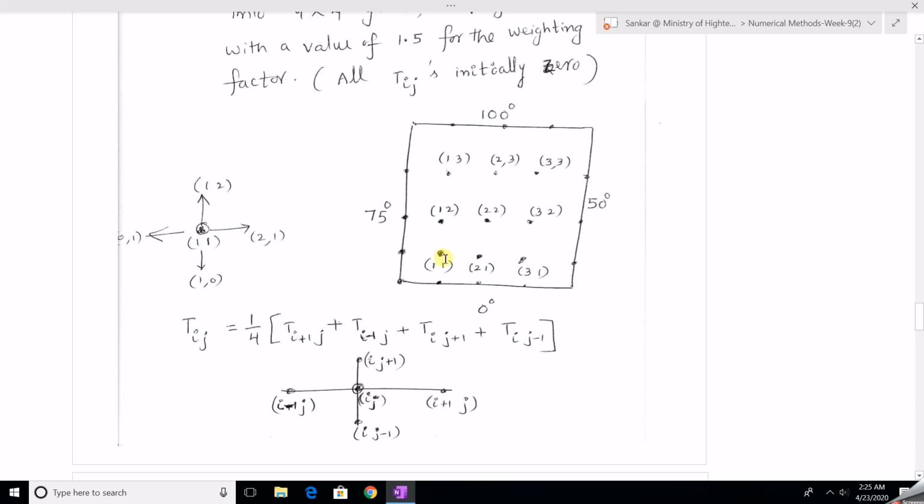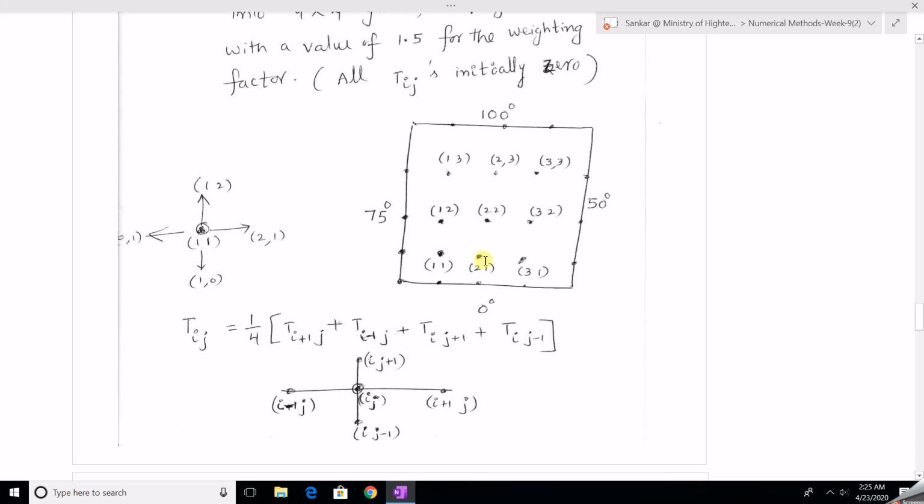That means if you want the temperature at 1,1, you have to look at all the surrounding points. The surrounding points are here, one point, another point, another, and another: 4 surrounding points.